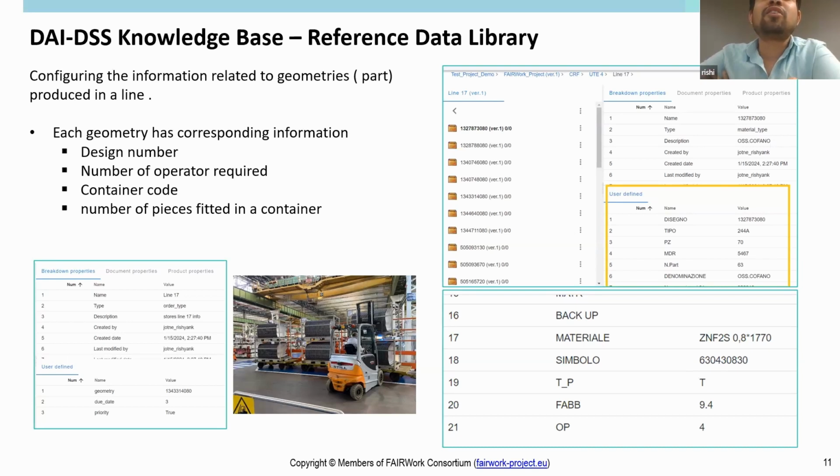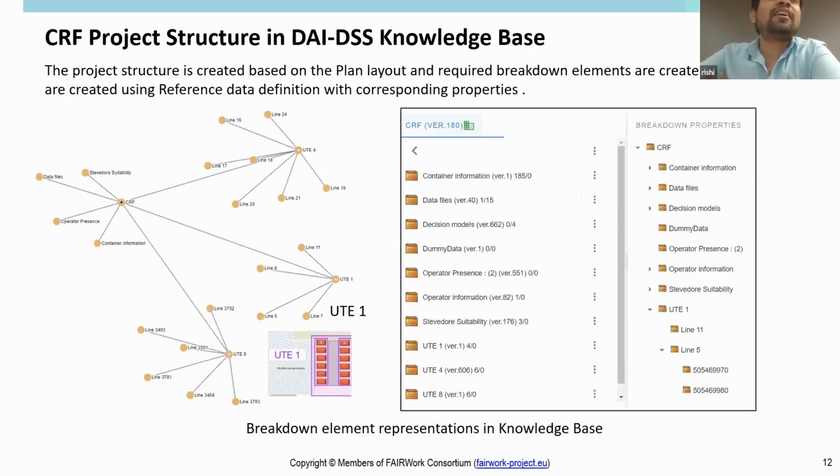Furthermore, in these defined properties, we have other information like required stamping die numbers and backup line number, as well as the required material identification code, such that we can establish a comprehensive library of information that is required in this scenario. Now we have seen how we can create digital twin representations based on this physical entity.